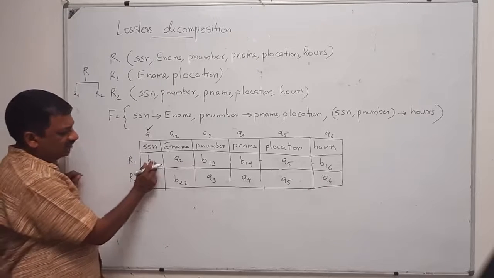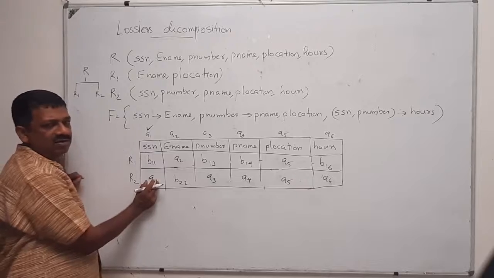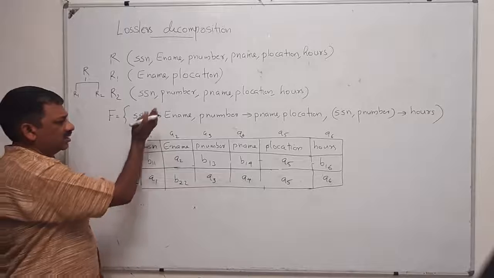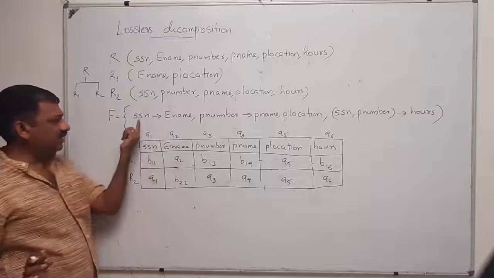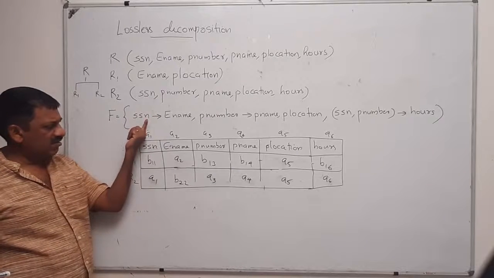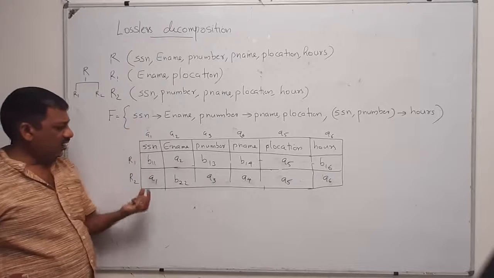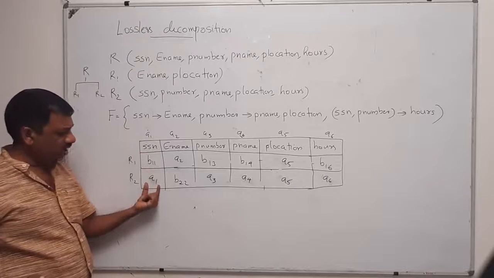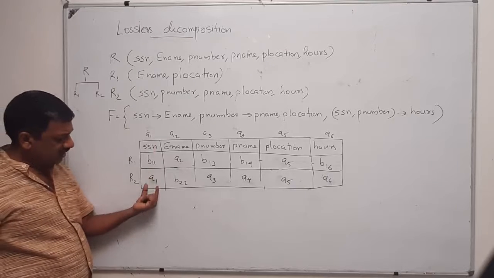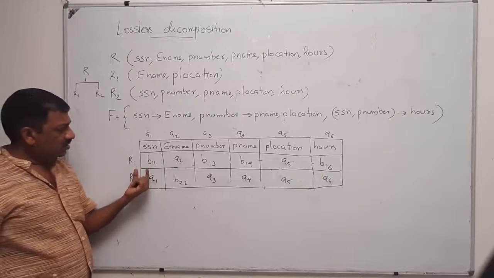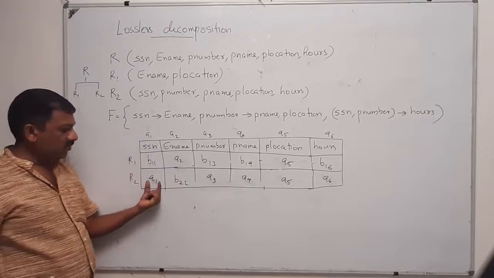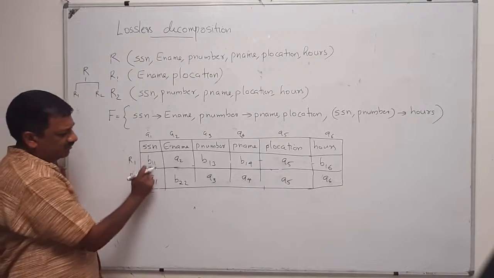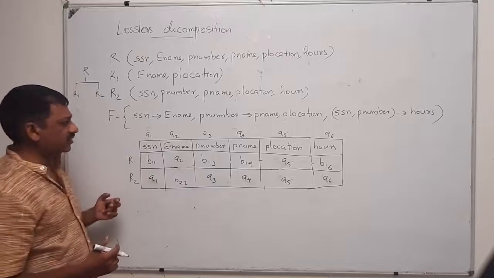Here it is B11 and here it is A1, so there is no possibility for any corrections or something like that. Okay, that means the left hand side is SSN, that column you have to select, and you have to check for same entries. Here B11 and A1, those entries are different.